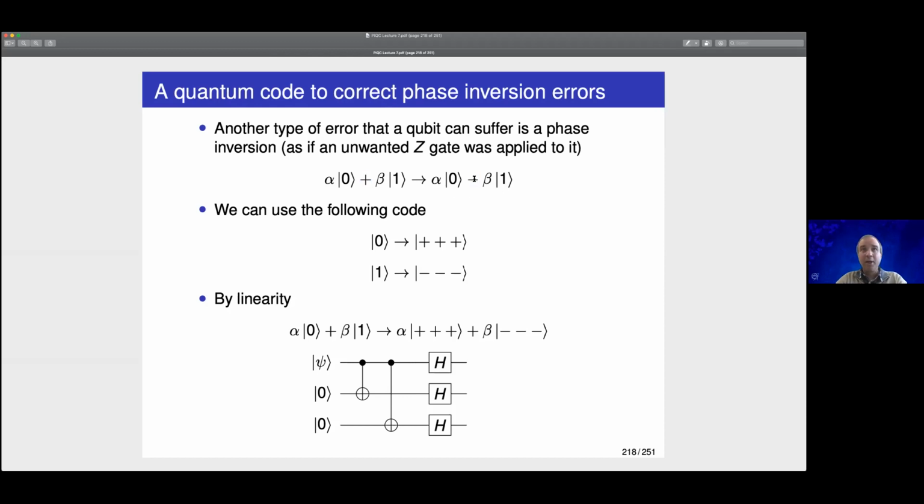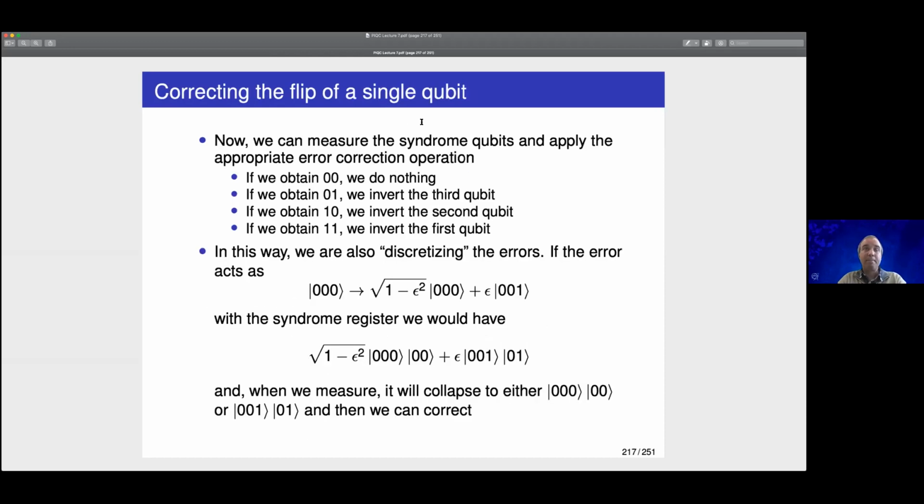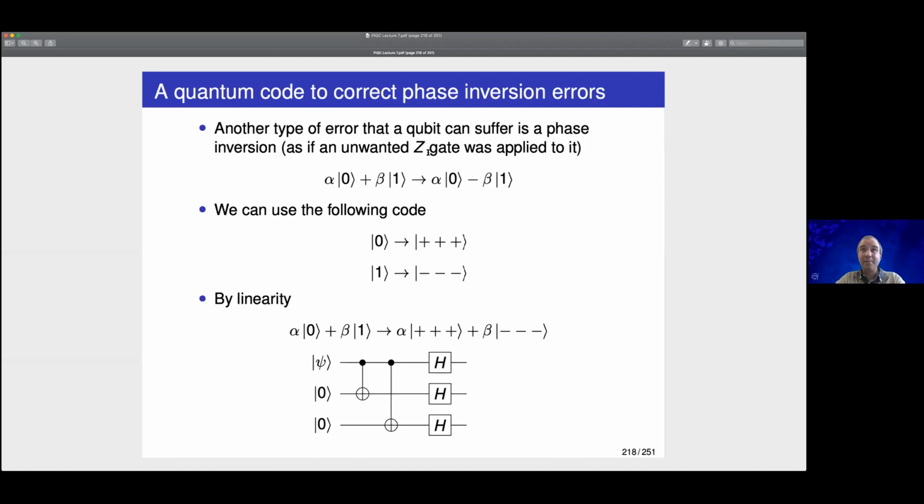Okay, so here we were dealing with the errors that occur when an X operation, a NOT operation, is applied to one of the qubits. And here we have to deal with the error that occurs when a Z operation, an unwanted Z operation, because of the interaction of the qubits with the environment or with other qubits, happens in an uncontrolled way.